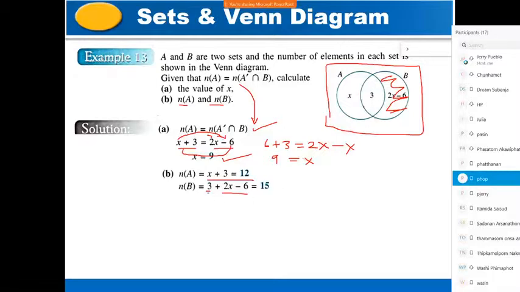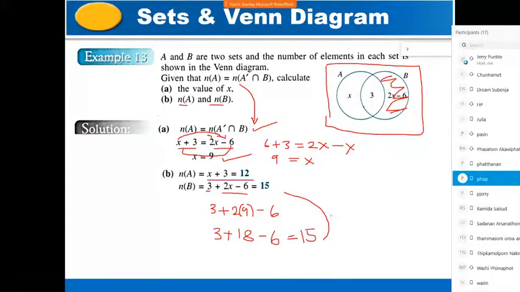Since x is 9, I have 3 plus 2 times 9 minus 6. 2 times 9 is 18, so 3 plus 18 gives you 21, minus 6 is 15. So it will give you 15.